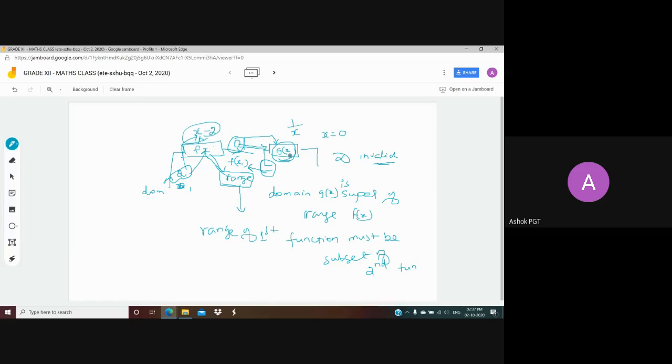If an input is given, the function should definitely produce output. Here the input given is invalid, hence g of x cannot produce output. Hence we must give only valid input to g of x. That valid input of g of x should be produced by f of x. Hence here 2 cannot be given as an input for f of x.